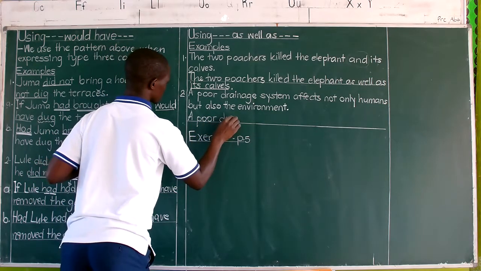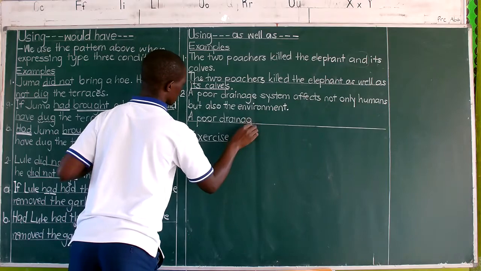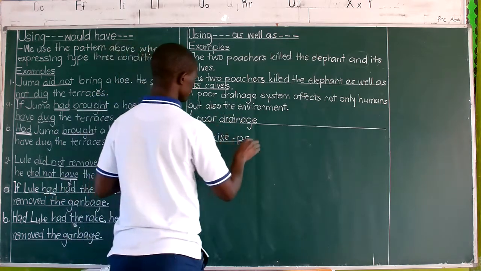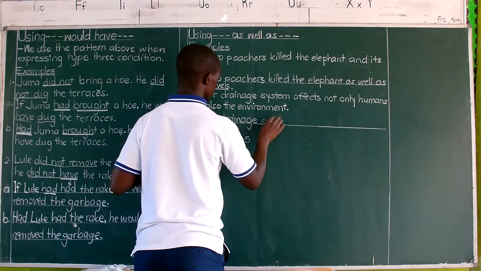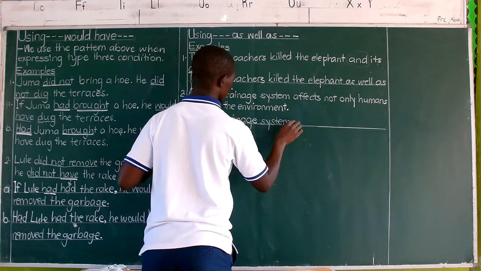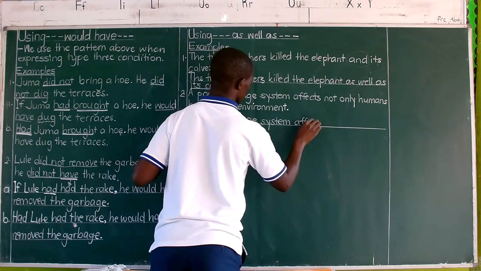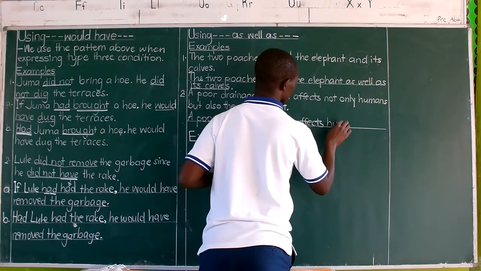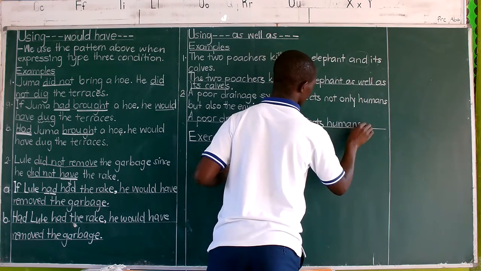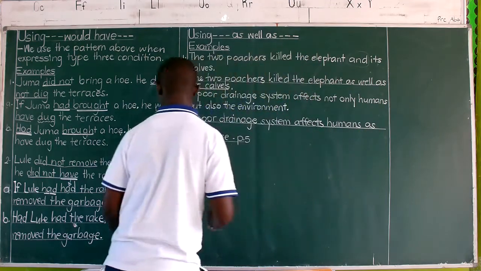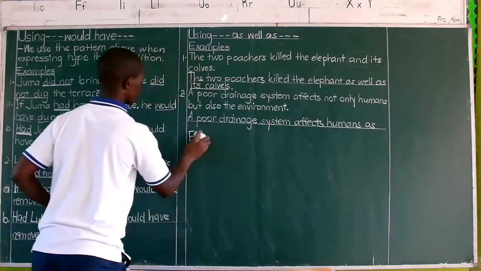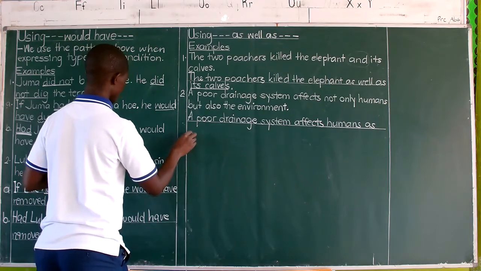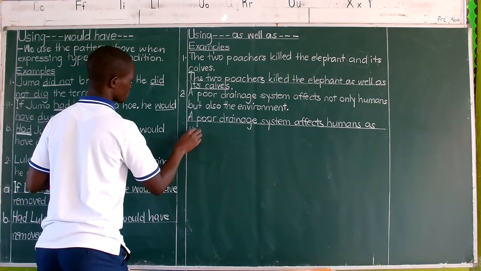A poor drainage system affects humans as well as the environment.